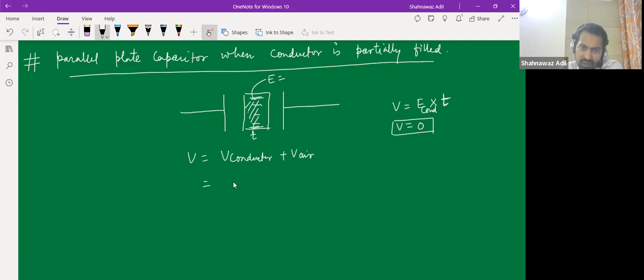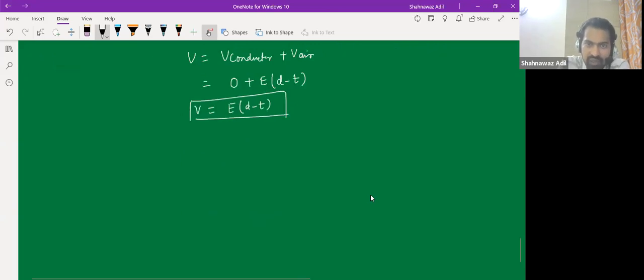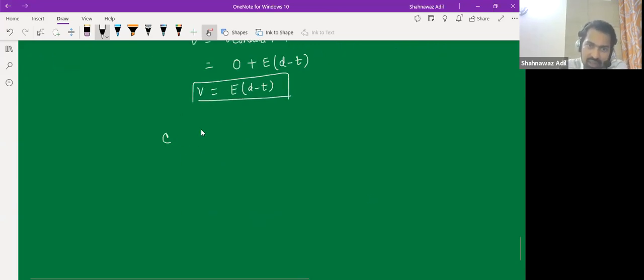Now we have only V air, so the conductor part is zero. V air would be E into the distance, which is d minus t, so simply E into d minus t. This is the potential. The capacitance is Q by V, so Q by E into d minus t.